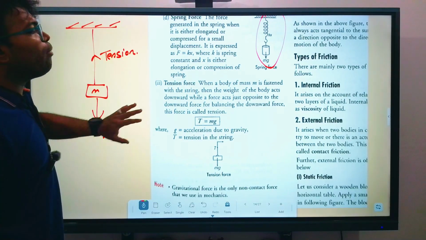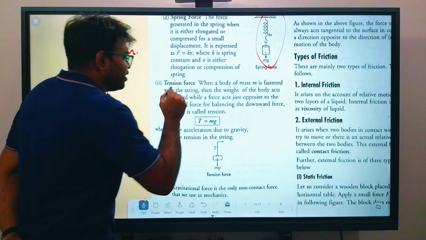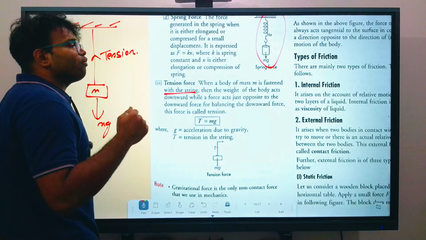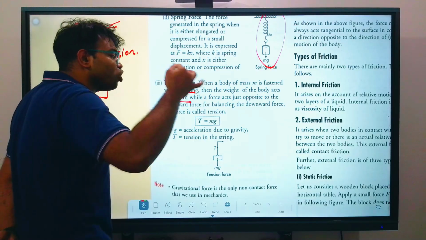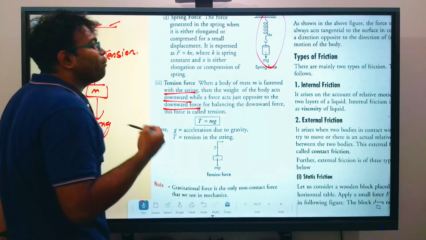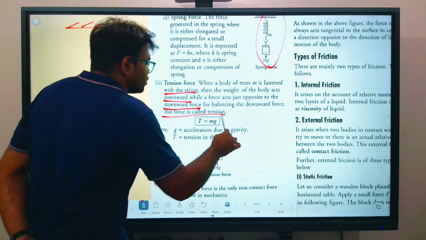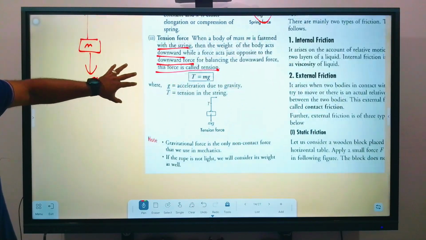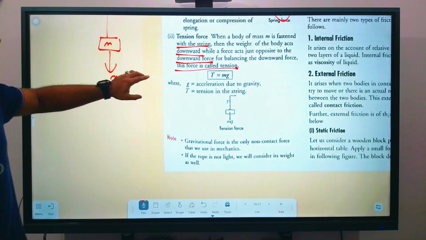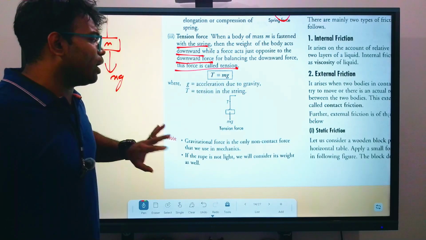When a body of mass m is fastened with a string, the weight of the body acts downwards, while a force acts just opposite to the downward force for balancing it. This force is called tension. Understood? This is what we call tension. F is equal to mg, T is equal to mg.